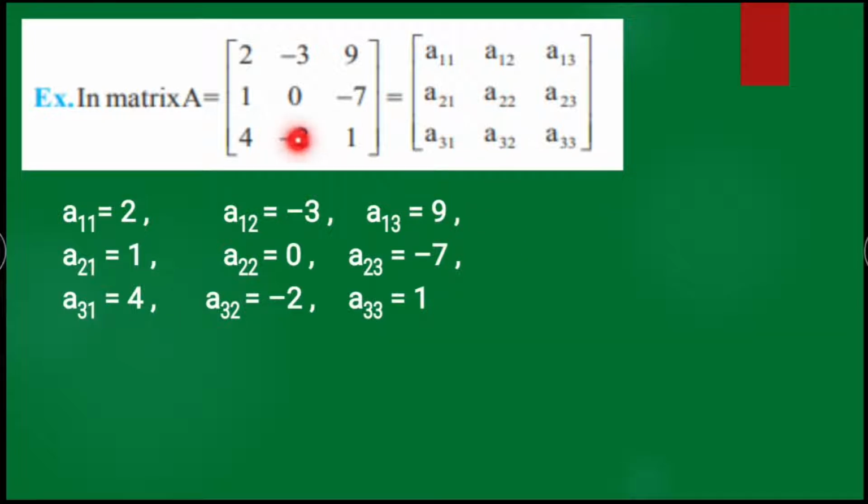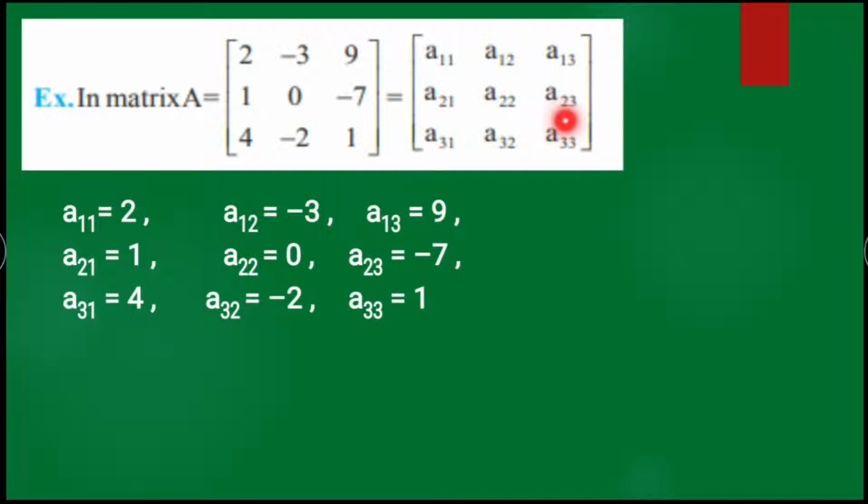Similarly A21 equals 1. So here 1 lies in the second row and first column, so we denote its position by 2, 1. This 0 lies in the second row and second column, so we denote its position by 2, 2. So the first 2 represents the row and the second 2 represents the column.